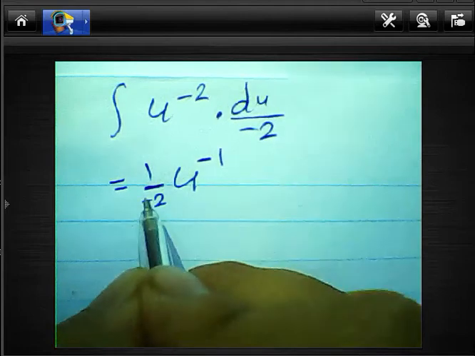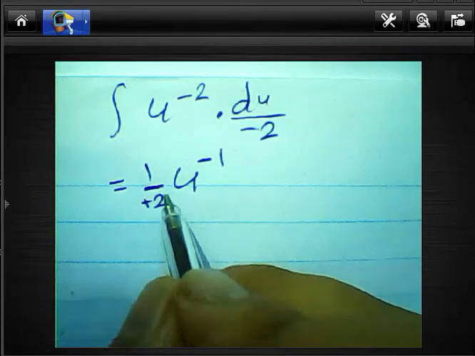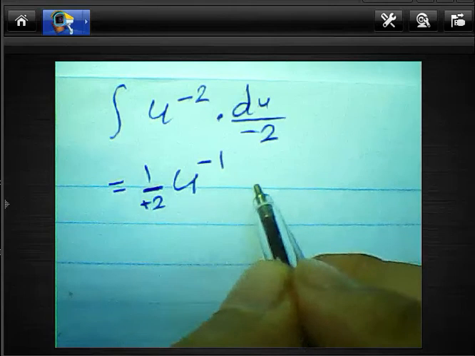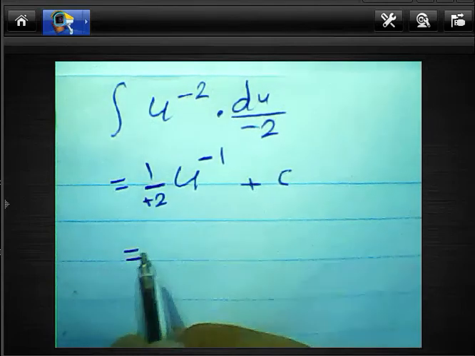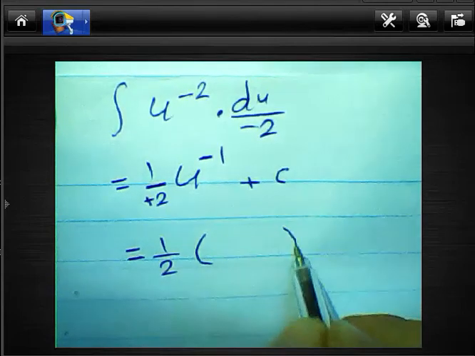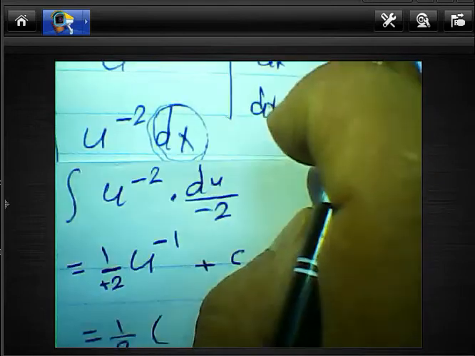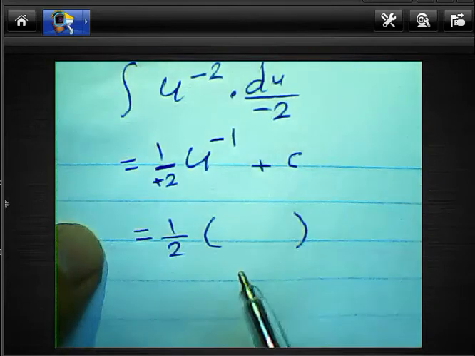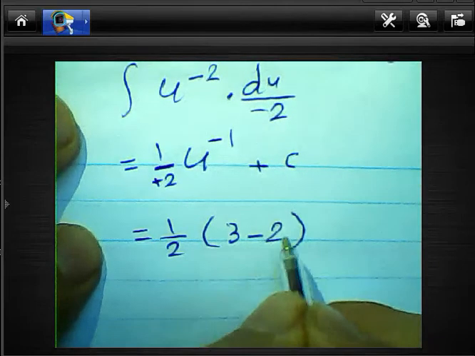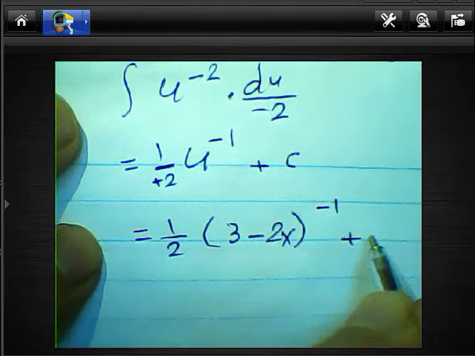Negative multiplied by negative equals positive, so the result is 1/2 u^(-1) plus a constant. Replacing u with 3 minus 2x, it is 1/2 (3 - 2x)^(-1) plus a constant.